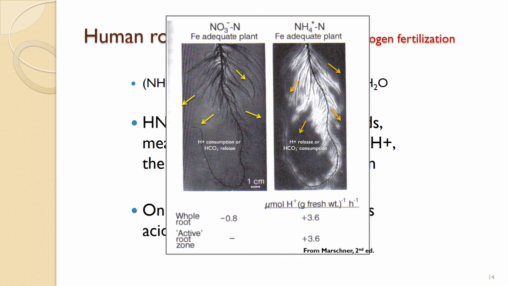So what this basically tells us is that the type of fertilizer matters. When we add nitrate as our form of nitrogen in fertilizer, we see less acidification versus when we add ammonium, which ultimately acidifies the rhizosphere quite a bit faster.